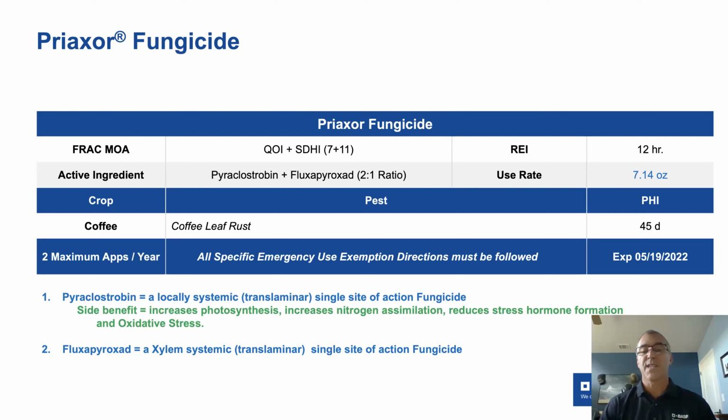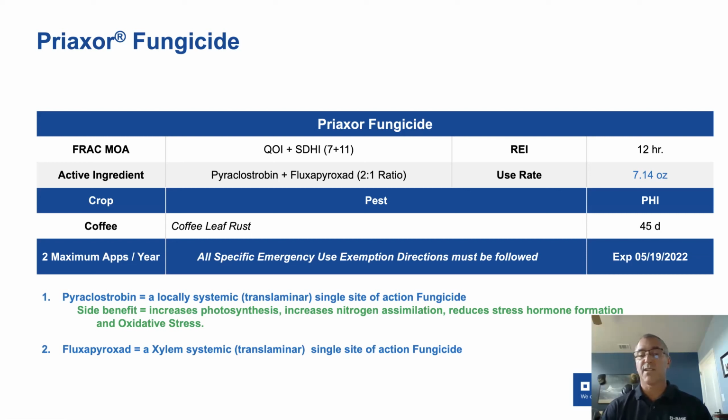There are some side benefits to pyraclostrobin, and actually I think they'll fit into your problem nicely. The side benefit, we usually just refer to it as plant health. Plant health is really an increase in the photosynthesis rate of a plant for about 15 days, an increase in nitrogen assimilation.